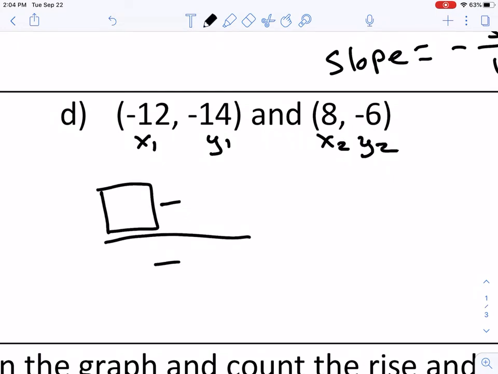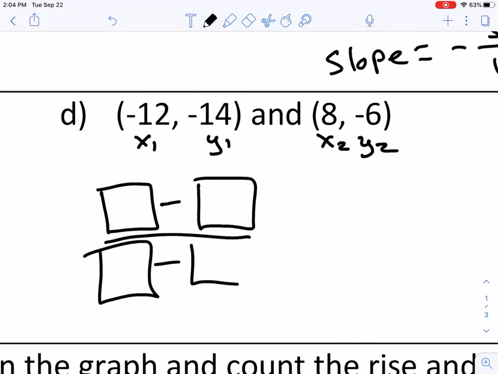I'm putting a term here minus a term here, and my term here minus my term here. So I have my y and y, x and x. I'm doing y1, negative 14, minus my y2 and negative 6. And then down below, I'm doing negative 12 minus x2, which is 8.